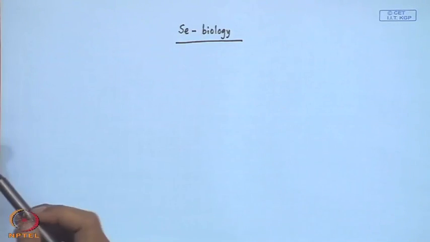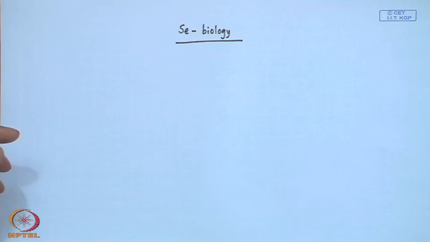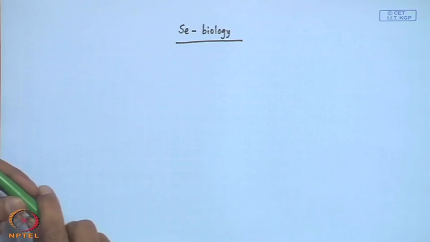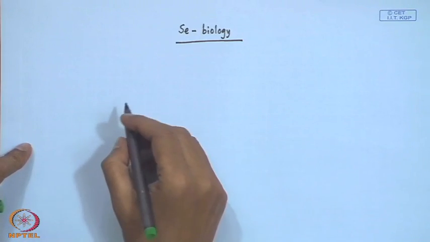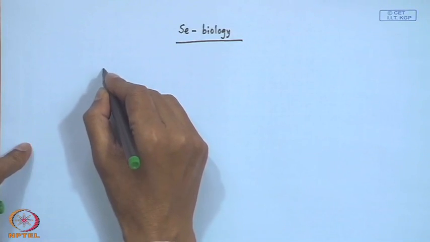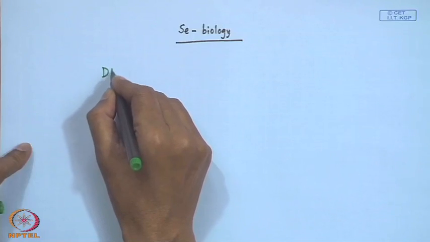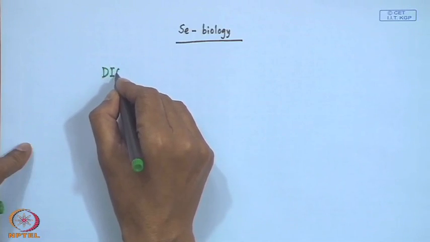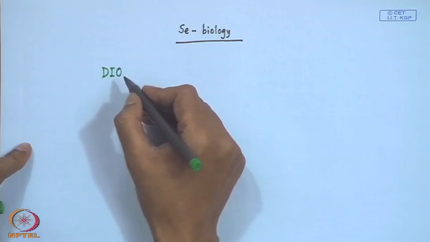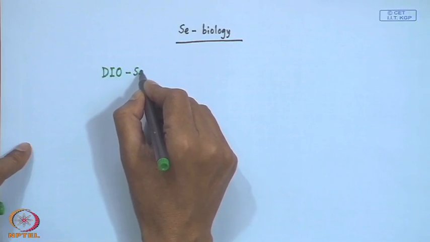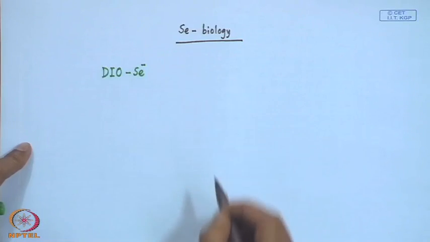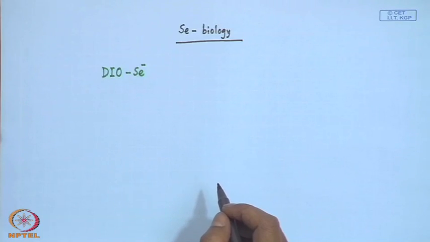So far we have seen the different deiodinase reactions, in the production of T3 from T4, in our previous class. That means we can go for deiodinase activity, and that deiodinase activity is basically responsible for the presence of selenium in the group.